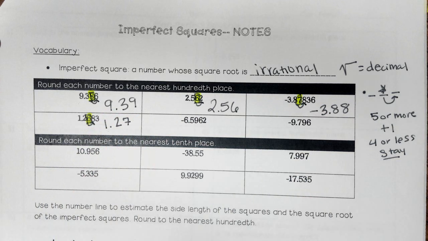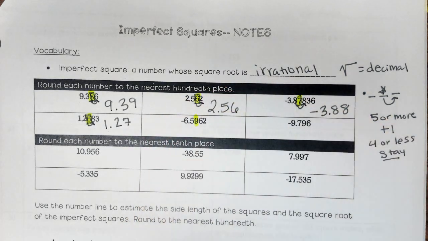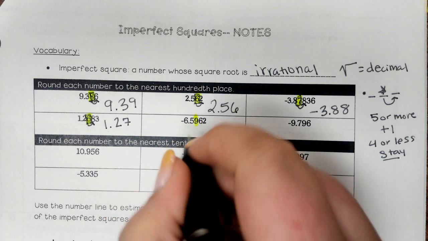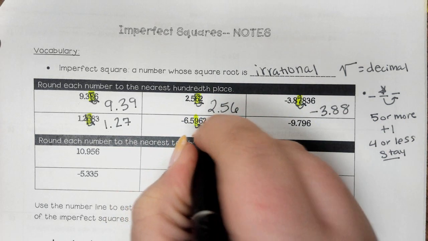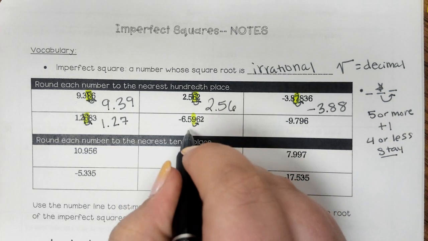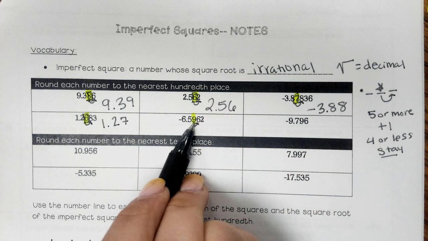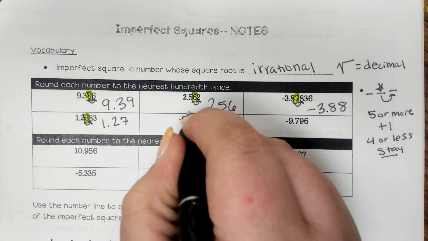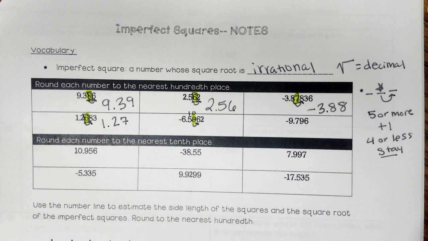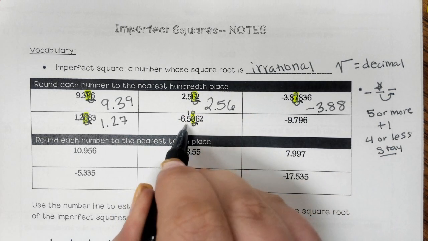Next we have negative 6.5962. I'm rounding to the 9, the 100th place, so I look behind it. 6 falls in the 5 or more category. So we have to add 1 to the 9. Adding 1 to 9 really makes that 10. So there's going to be a 0 in the 100th spot.